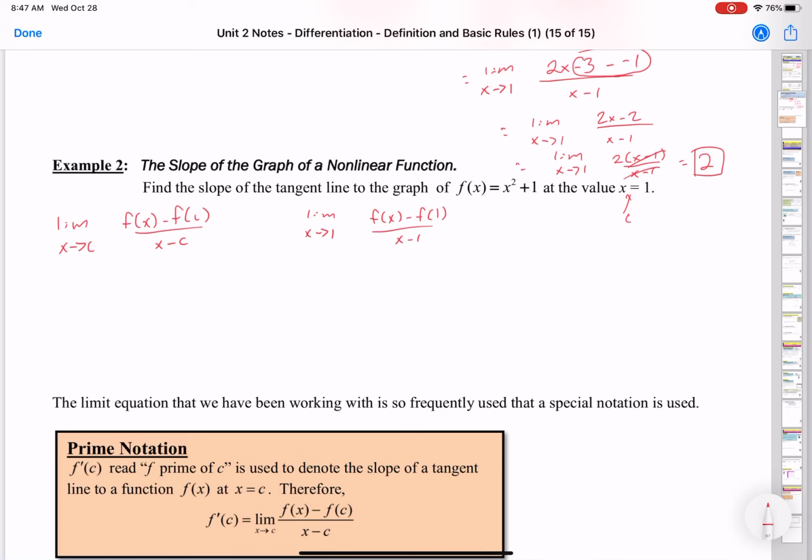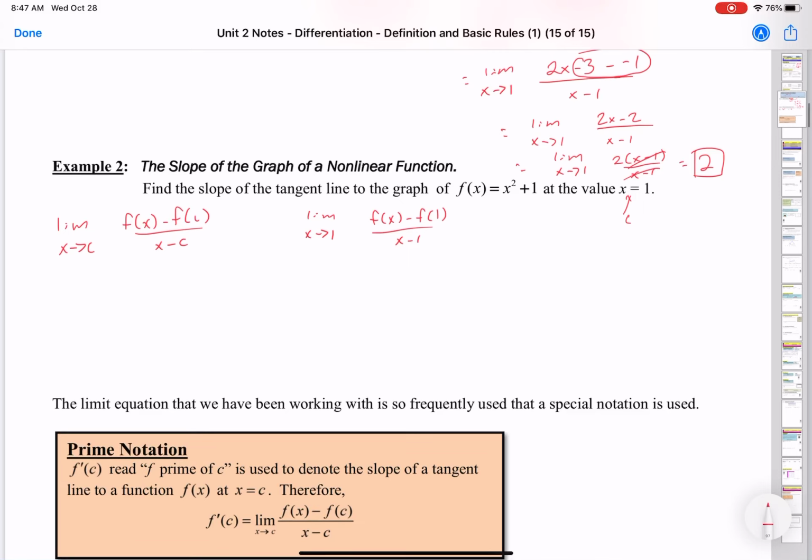And again, if we tried plugging in 1, we'd get 0 over 0 again. There's going to be some stuff to simplify. So this will equal the limit as x approaches 1 of, well, what was f of x? It's x squared plus 1. Minus, what would f of 1 be here? Well, it would be 1 squared plus 1, so 2. f of 1 is 2.